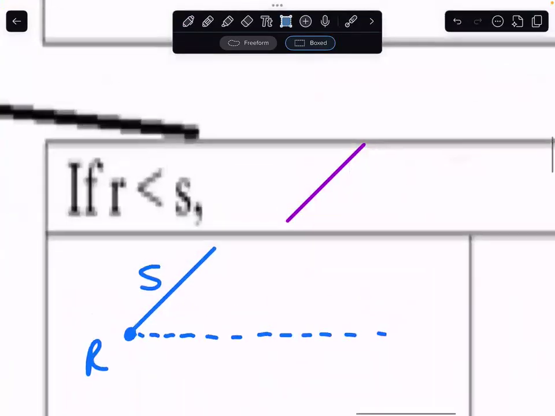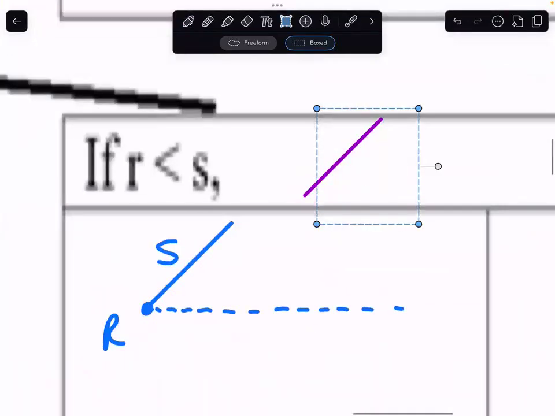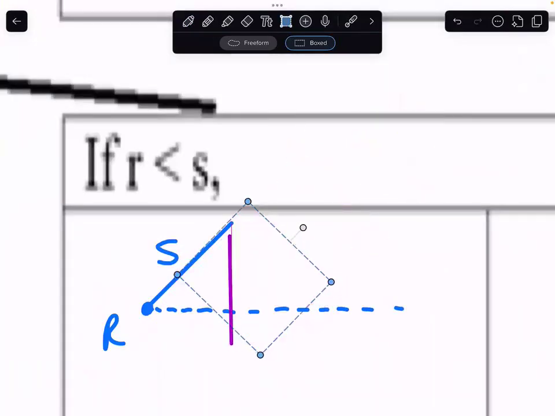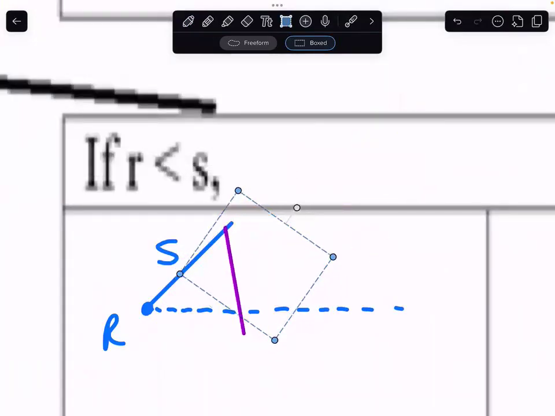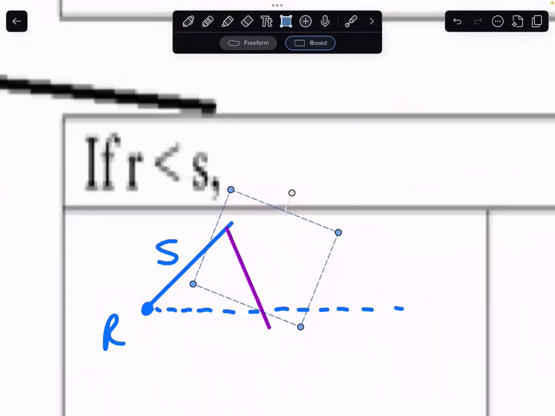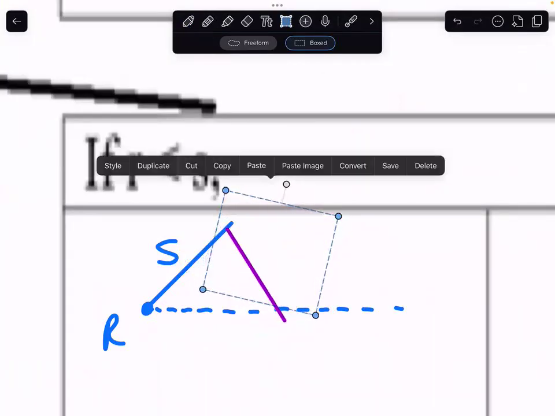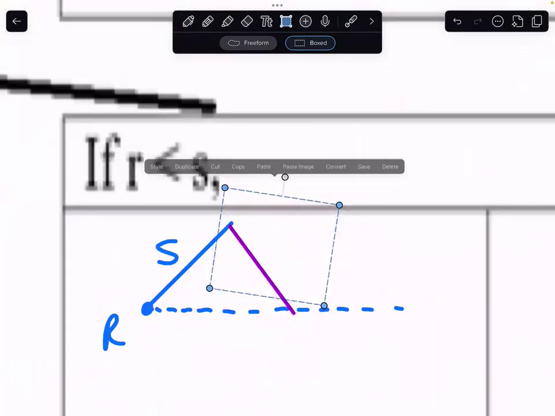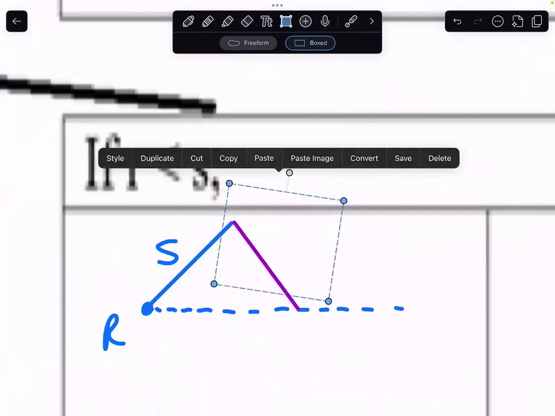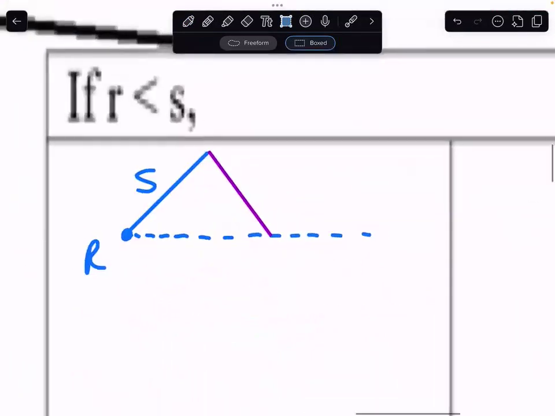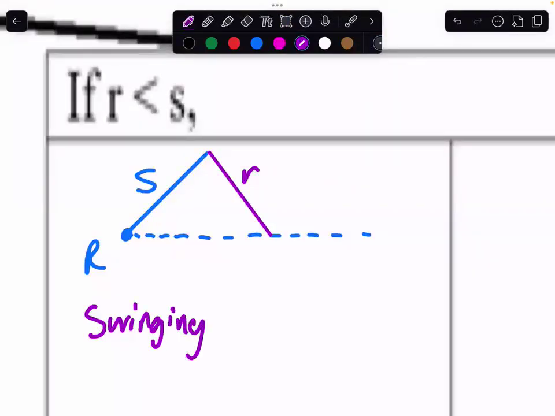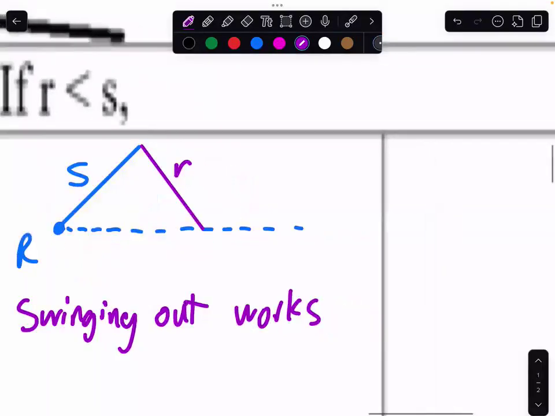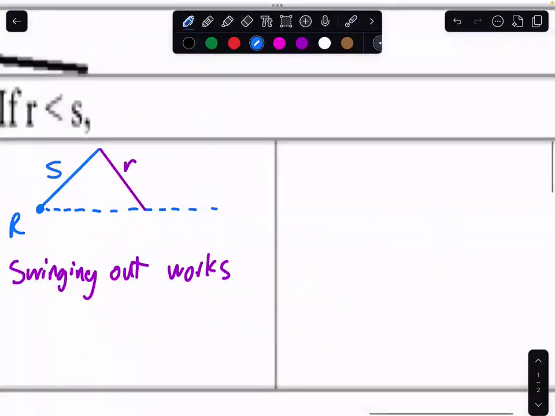Let's see if swinging outward works. If you go straight down, it's too long. But if you rotate outward, rotate outward, maybe a little more, you are able to form a triangle. Last one, same setup.